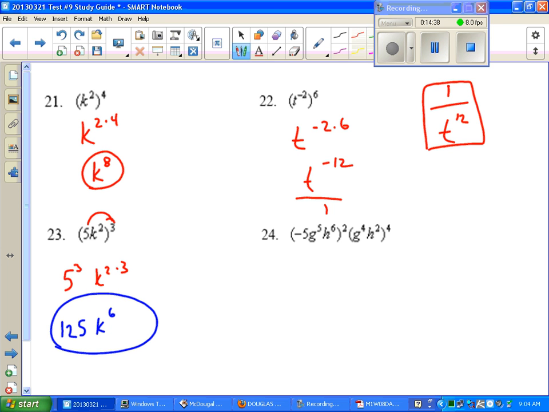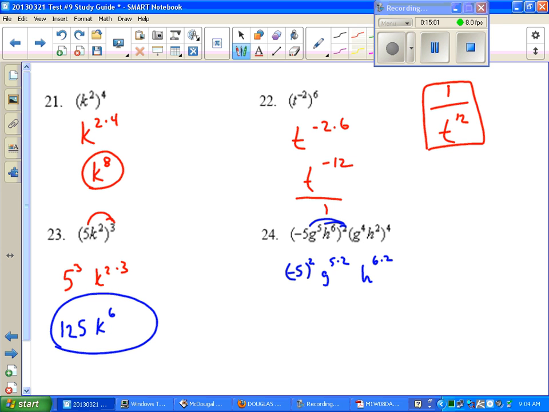For this next one, simplify the left side, then the right side, then put them together. So the 2 has to go to both terms, or to every term, I should say. The squared has to go to every term. Negative 5, it's being squared. G to the 5th is being squared, so times 2. And h to the 6th is times 2. That's being squared.